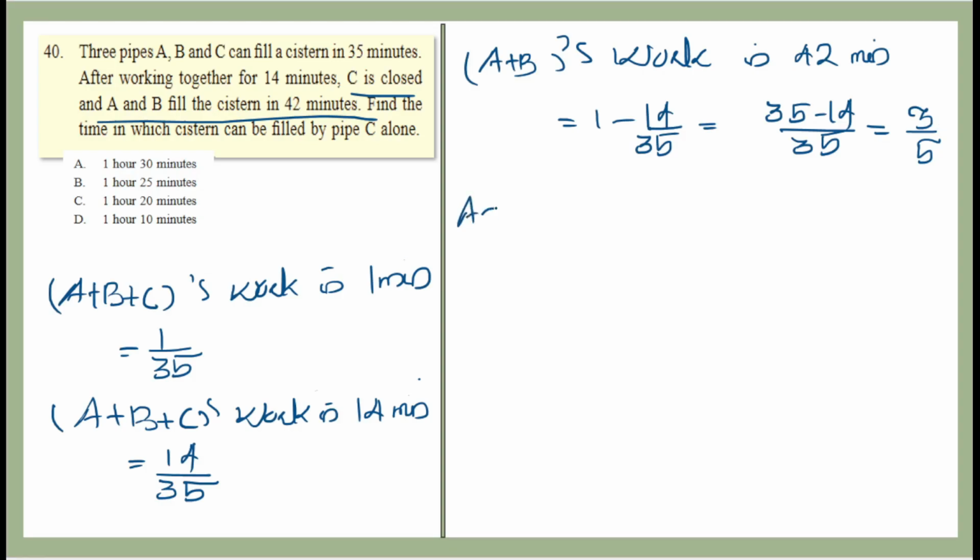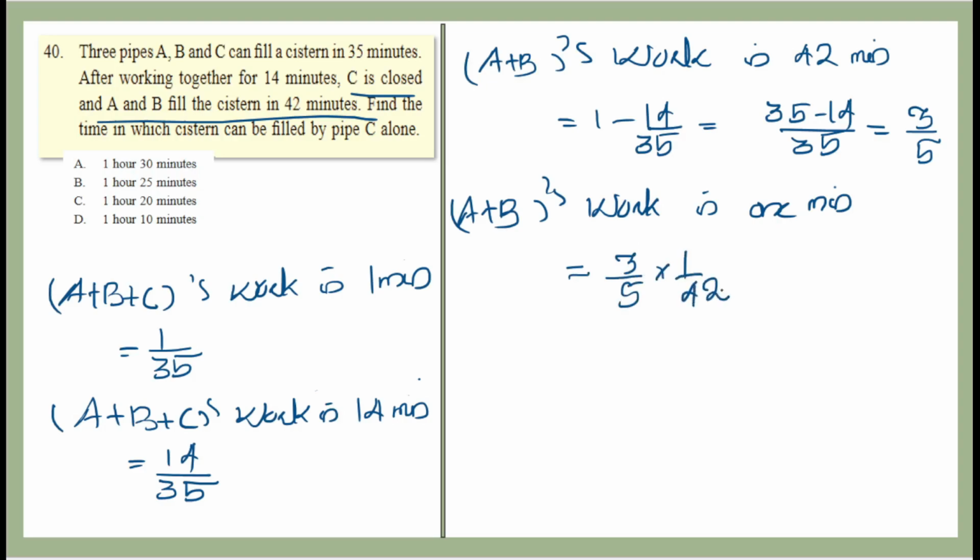Then their work in 1 minute equals 3 by 5 times 1 by 42. That equals 1 by 70.